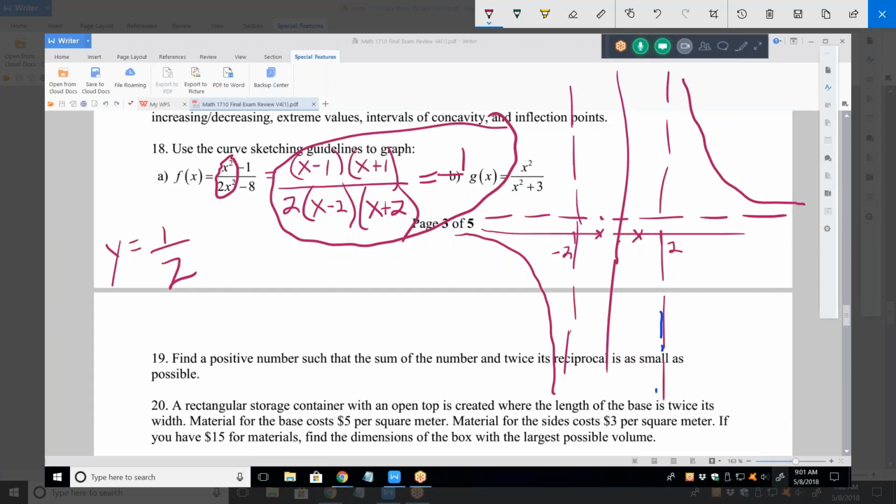Would you just plug 1/2 in for the y, for f of x? Yeah. And if the function is ever equal to 1/2, that means it crosses that horizontal asymptote also. Well, does this have a solution?